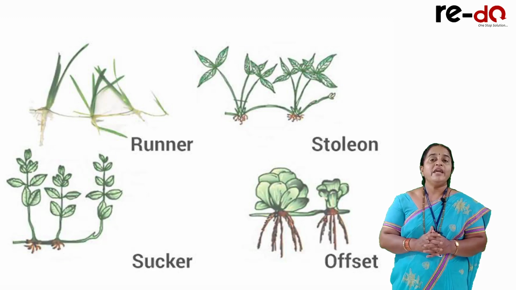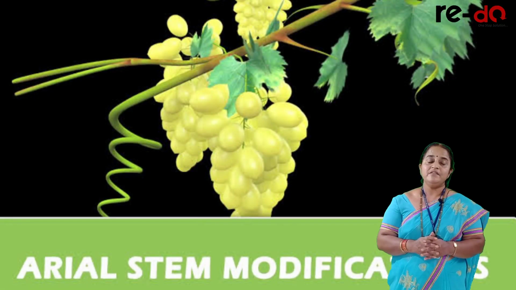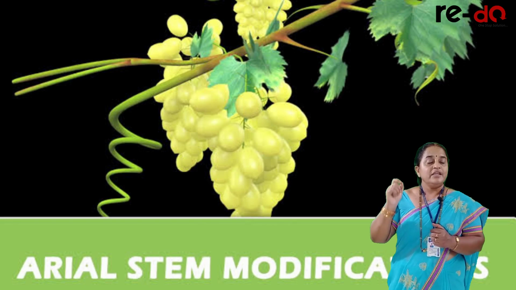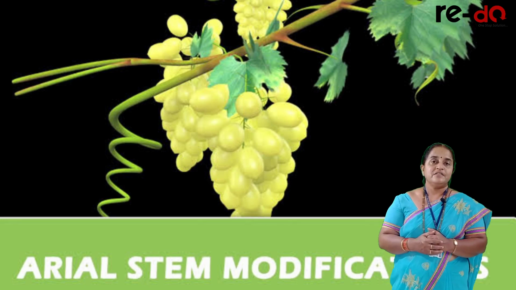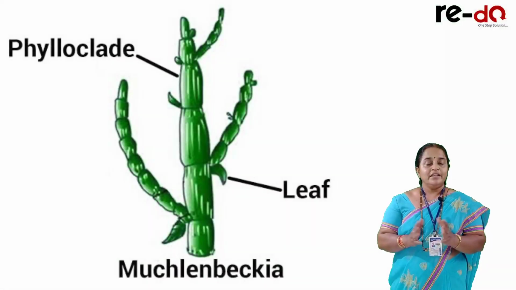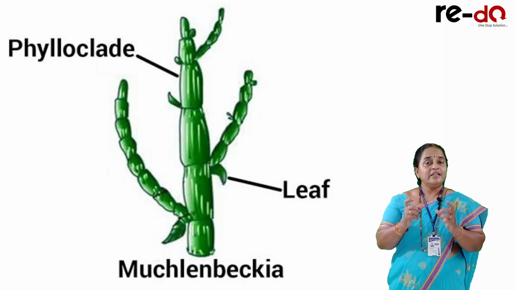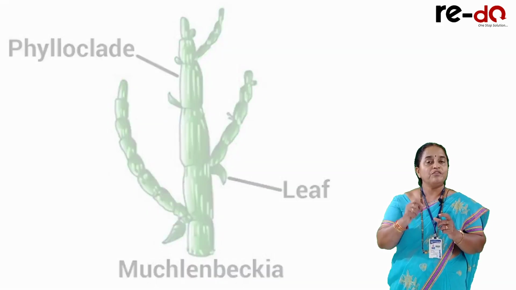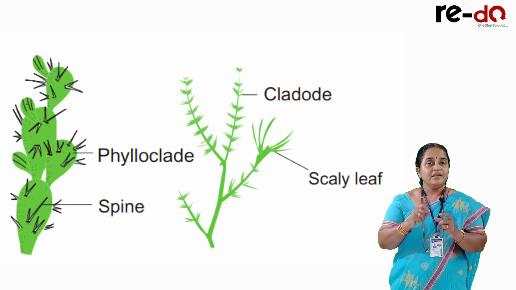Let us move on to the aerial stem modifications, meaning the stem is erect, branched or unbranched. They also show modifications. Think of the cactus plant, like phylloclade. It is a green-colored thick stem with mucilaginous parenchymatous tissue for storing water.